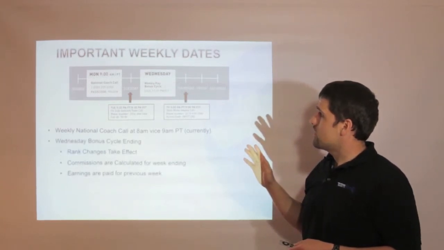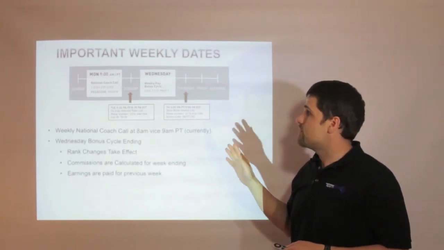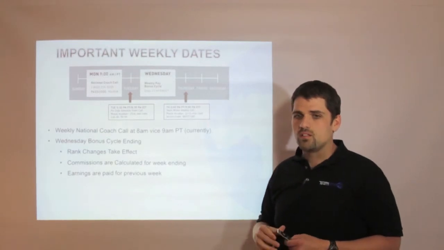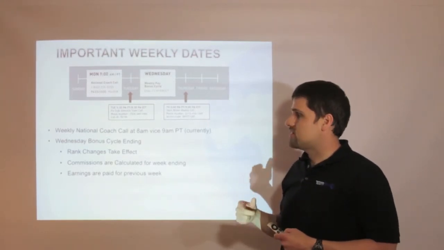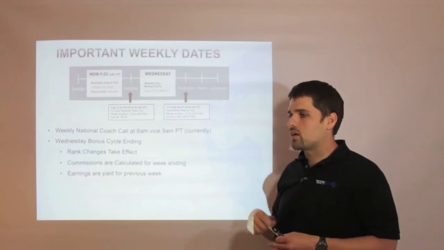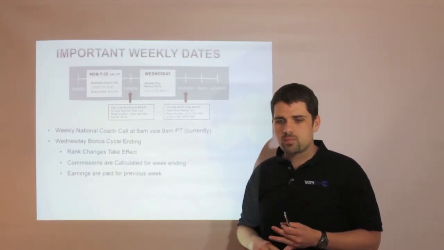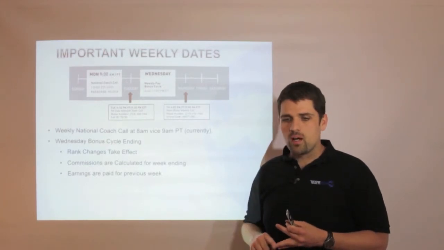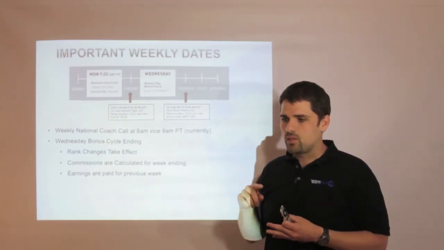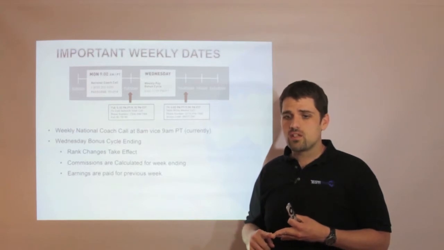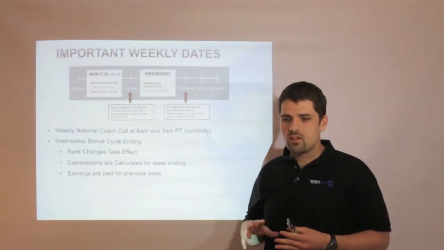Then the other important thing is that every Wednesday night at 11:59 Eastern time is when what we call the bonus cycle ends. And that's where you're going to see on Thursday morning any rank advancements that happen, going from non-active to active status. That's when you're going to get paid, is on Thursdays. And all that kind of stuff happens then.